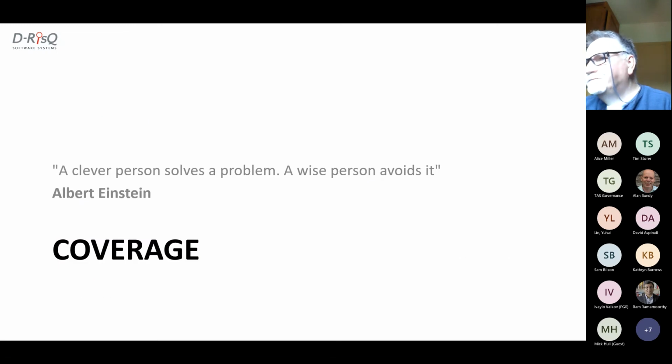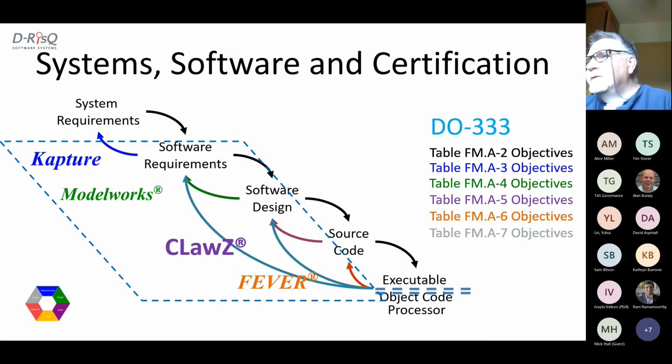The coverage. So I skipped over Fever, as I said I would, but when you put all these tools together, compose them together, which you don't have to, you can use these things individually, but the real benefit comes when you chain them together and get the table FMA7 objectives, which is down at the executable object code, linking back to the high-level software requirements under D-RisQ.